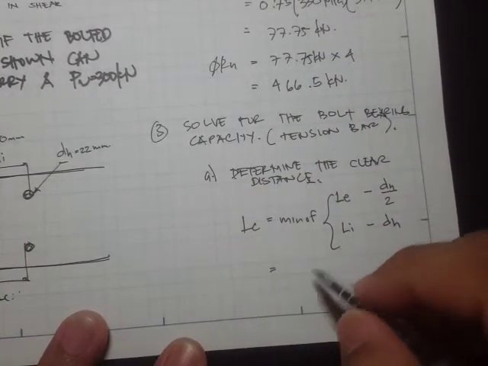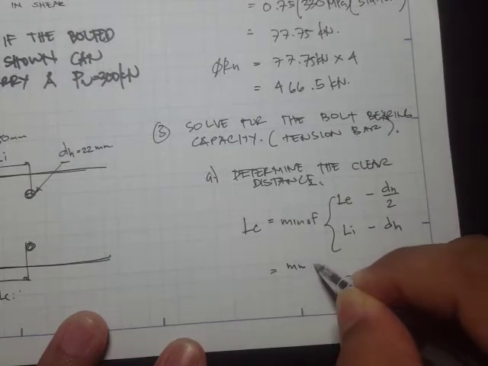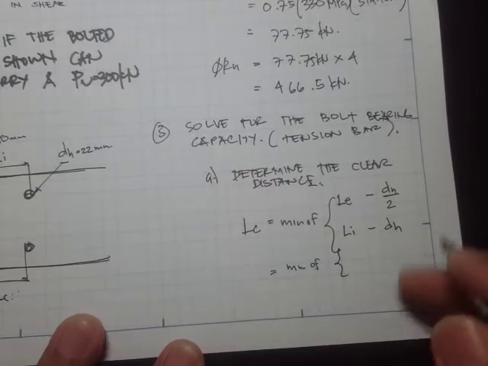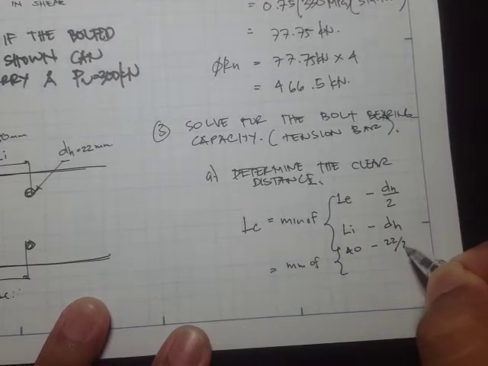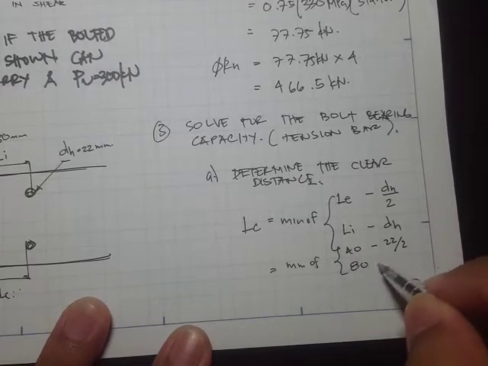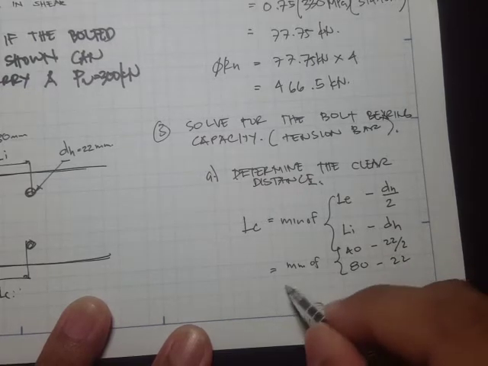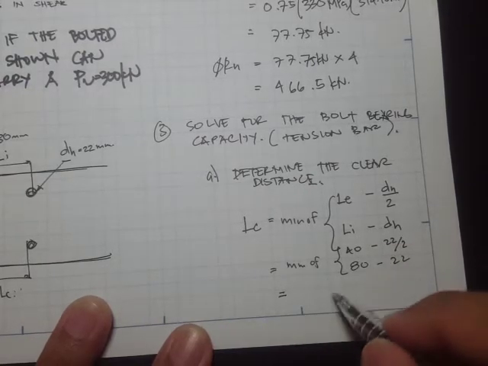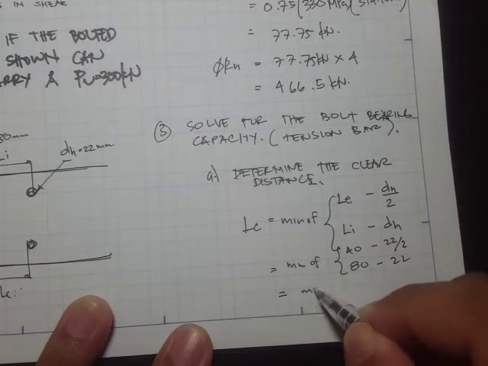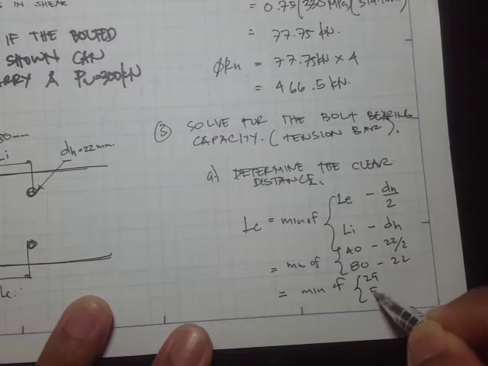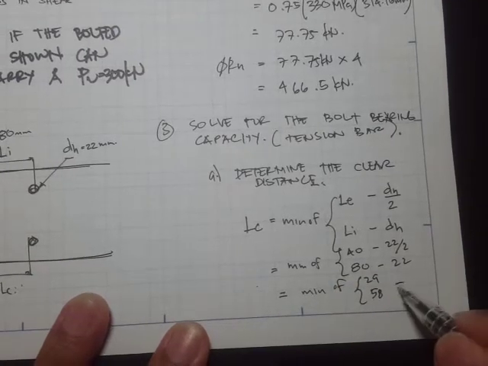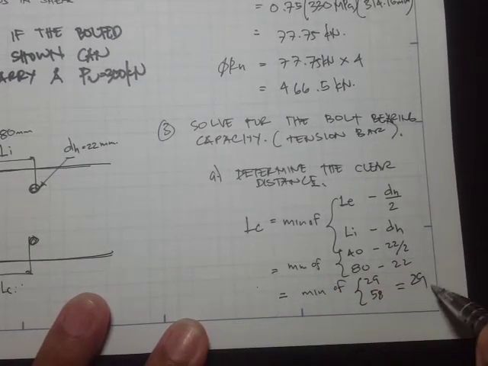Then next we'll substitute the values of the LE and the dH. What you get is 40 minus 22 all over 2, then 80 minus 22. So we have the minimum of 29 or 58, and the minimum is 29.